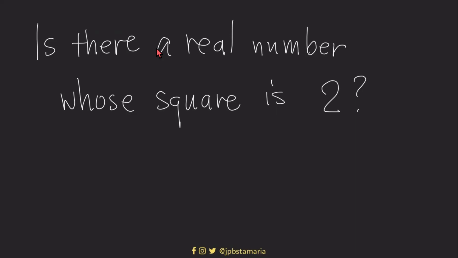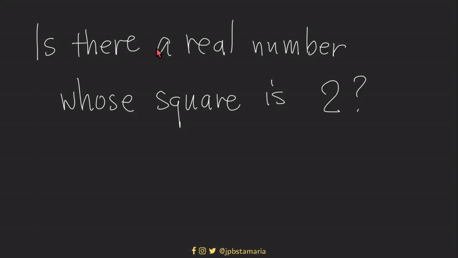Kung ang sagot natin ay meron, ibig sabihin nun, that only proves one thing. Aha, it proves that there are real numbers which are not rational. For the first time ever in this class, mapapatunayan natin na may mga real numbers na hindi rational numbers.